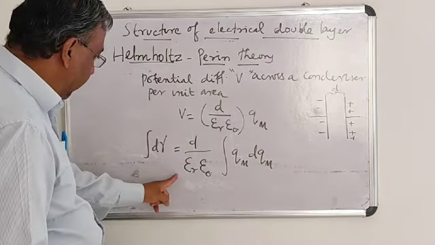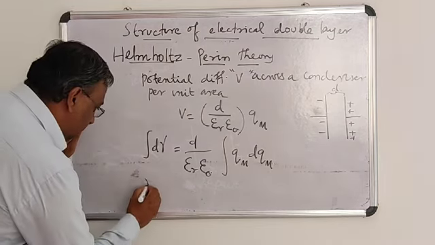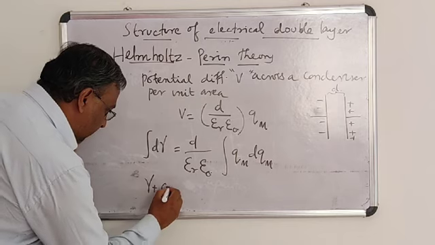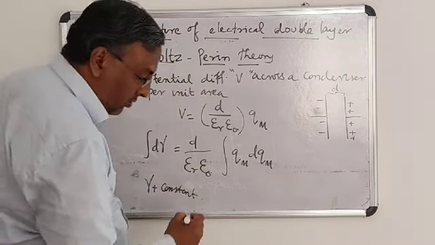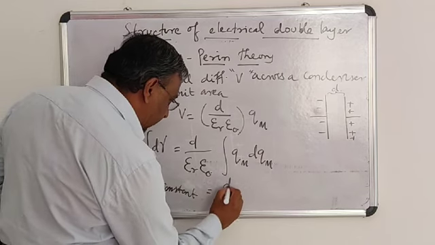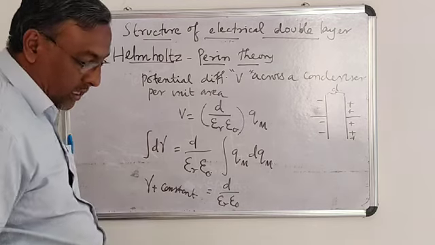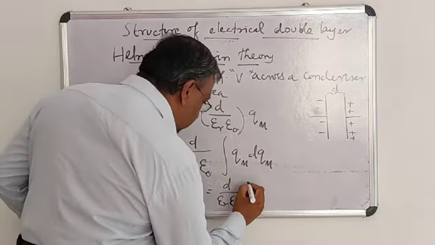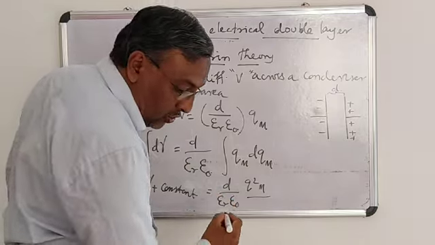Now I am integrating this equation. When I integrate, I will get gamma plus constant equal to d divided by epsilon r epsilon 0 into Qm squared divided by 2.